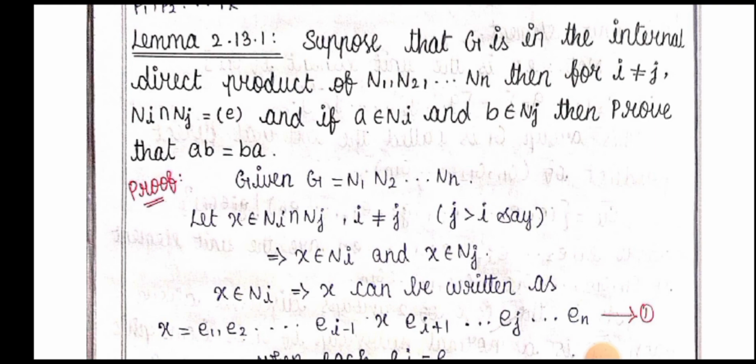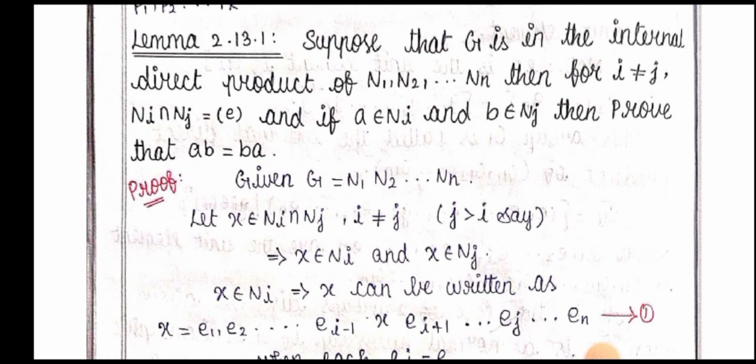First we state the statement. Suppose that G is the internal direct product of N1, N2 and so on Nn. Then for i not equal to j, Ni intersection Nj equal to E, and also we have to prove that if a belongs to Ni and b belongs to Nj, then ab equal to ba.